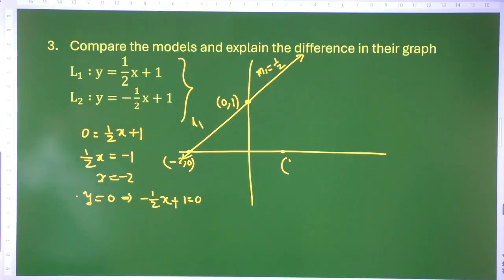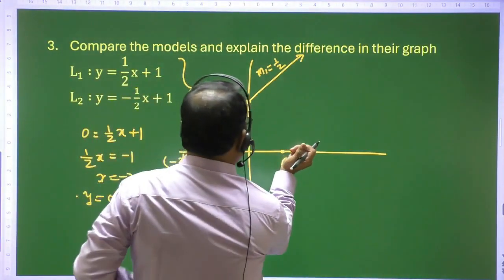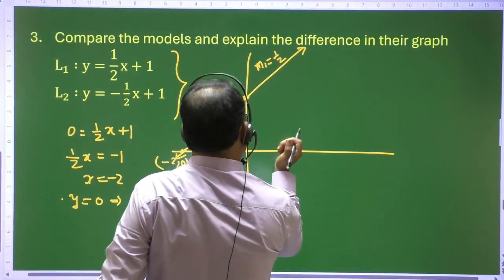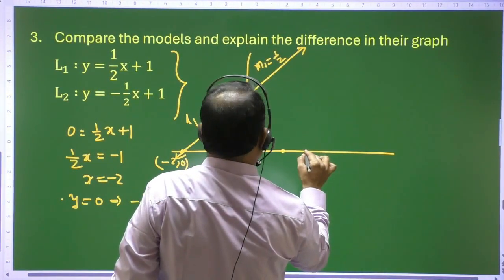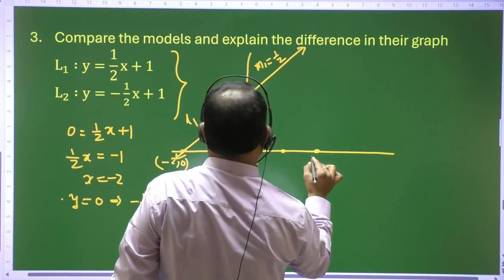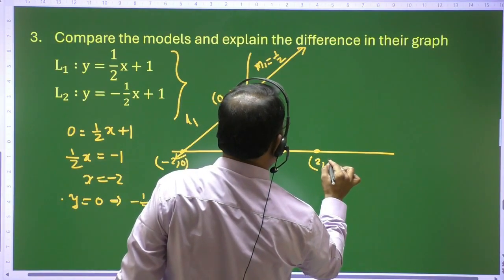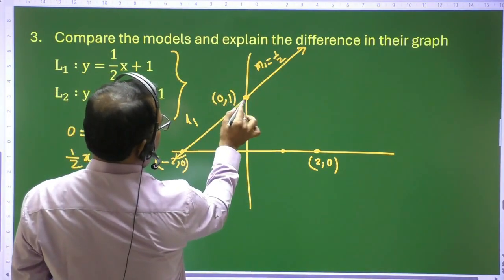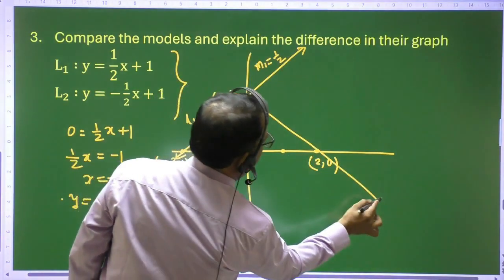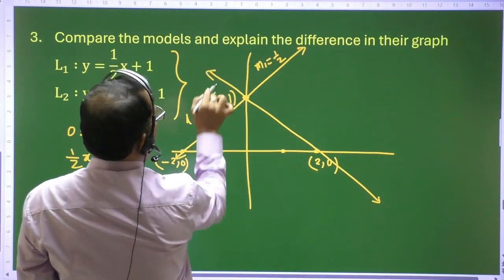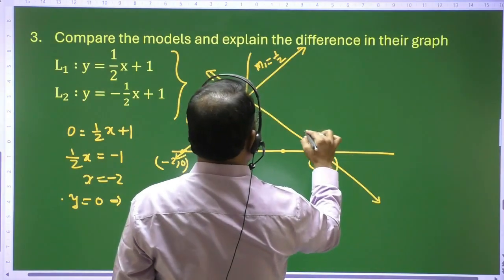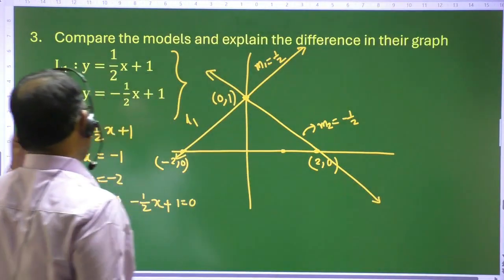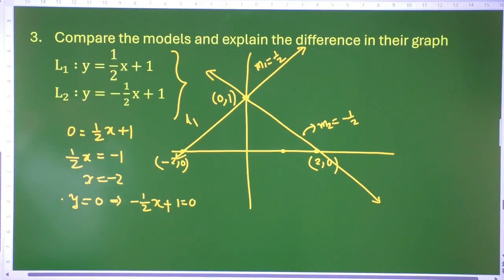That means x is 2 only. So now we have to take the point here for the second line. So when x is 2, y is 0, so another line will pass through like this one. Here you notice that the slope will be minus half. The slope will be minus half. Okay now.